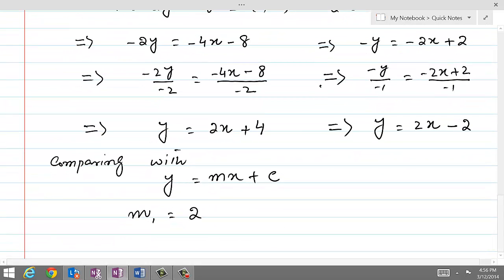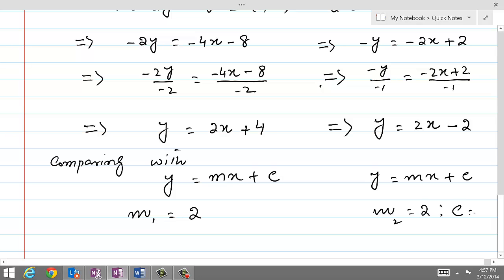So if now we compare it with y equal to mx plus c, what is m we get, let's call this M2. M2 is equal to 2 and C is equal to -2. And here C is equal to 4.